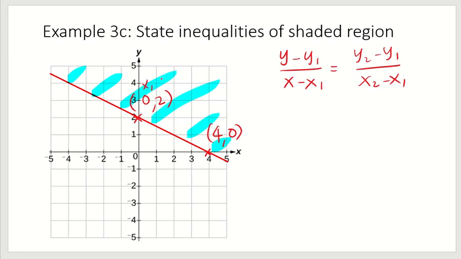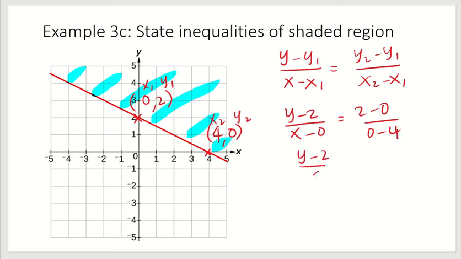Let's say this is x1, this is y1, then this is x2, this is y2. So the equation: y minus y1, y minus 2, over x minus x1, x minus 0, equal to 2 minus 0 over 0 minus 4. So you get y minus 2 over x equal to 2 over negative 4. Then you simplify to negative 1 over 2.